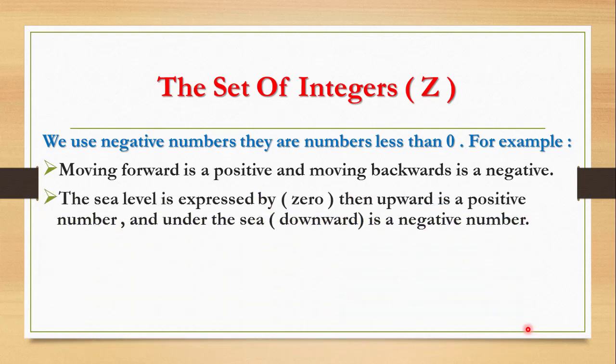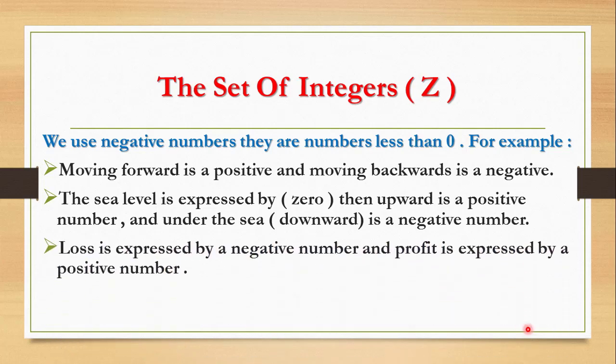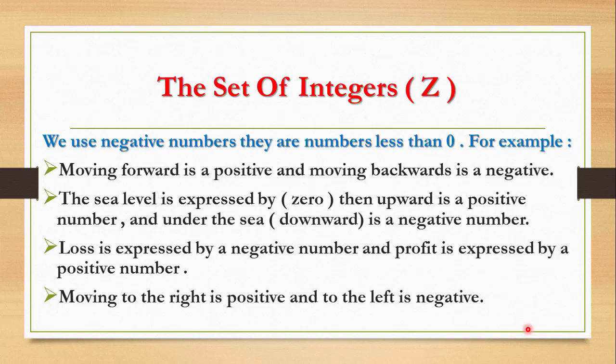Also, sea level is expressed by the number 0. So upwards will be positive and downwards or deeply will be negative. Also, loss is expressed by a negative number and profit by a positive number. Moving to the right, positive. Moving to the left, negative.